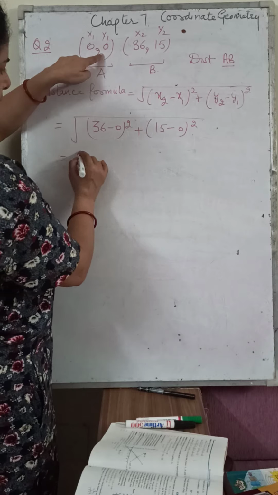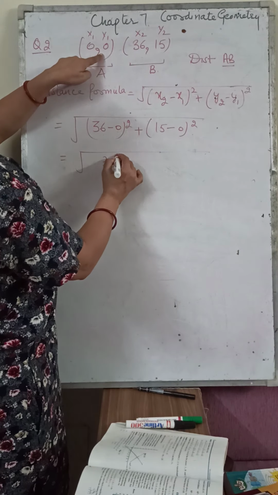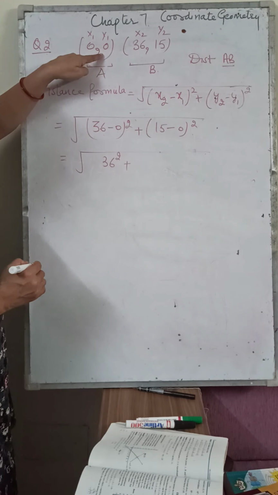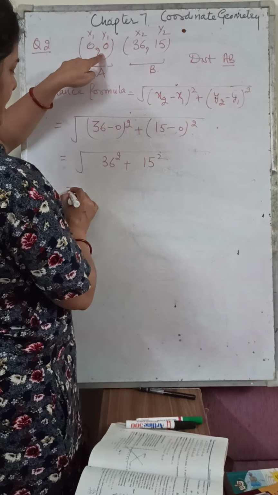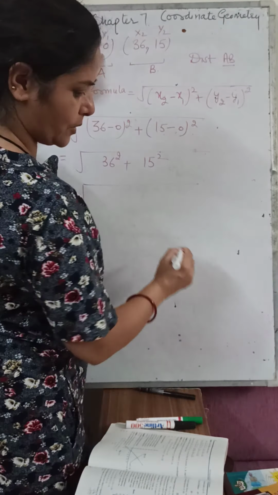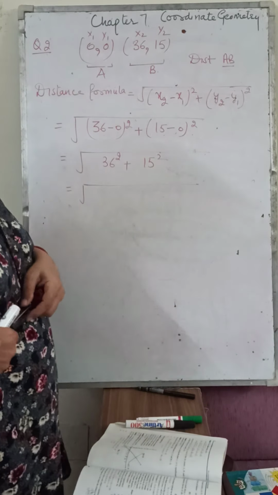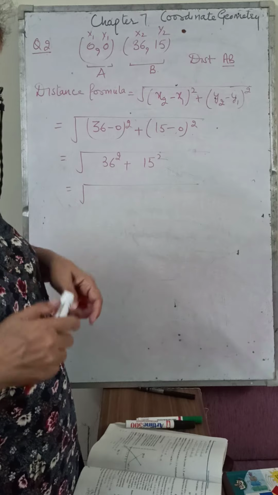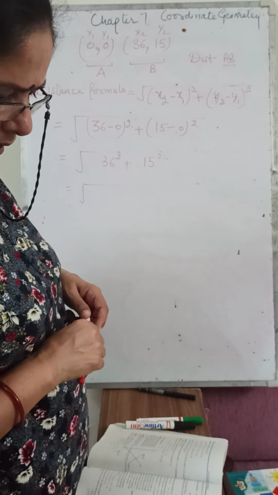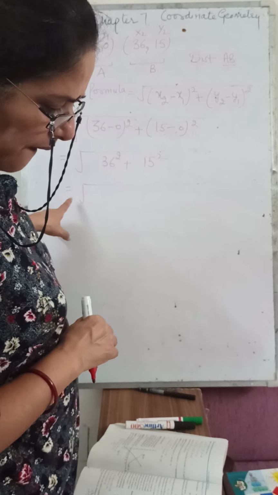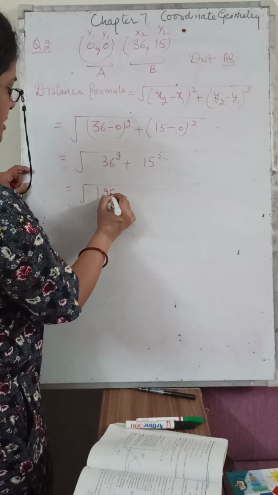Now, what is the square of 36? 36 minus 0, 36 square, plus 15 minus 0, 15 square. The square of 36 comes out to be, I think, 1296.